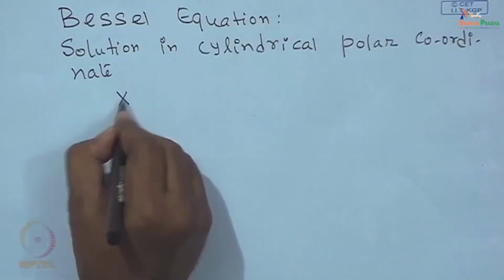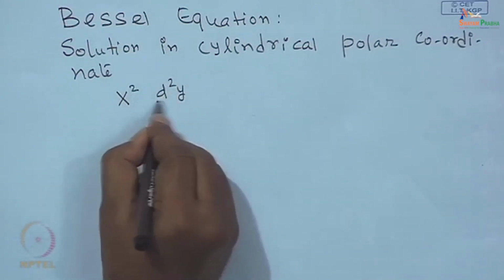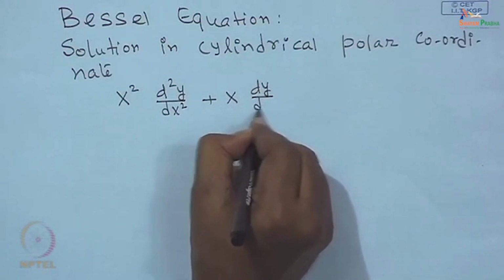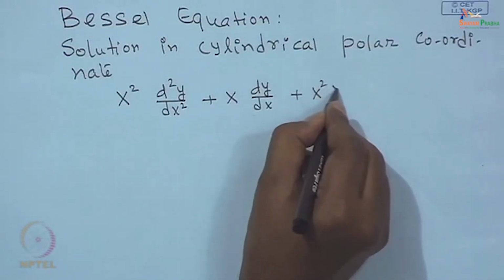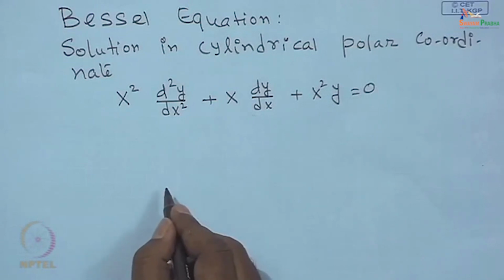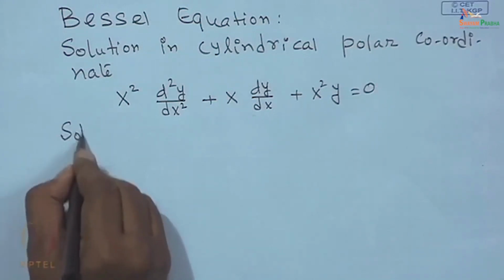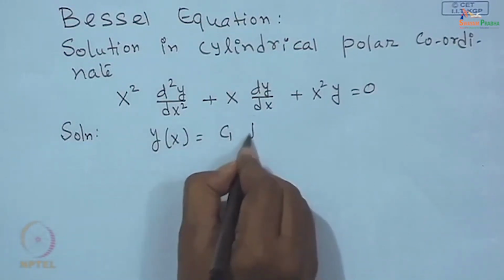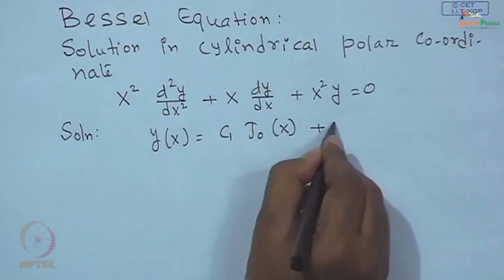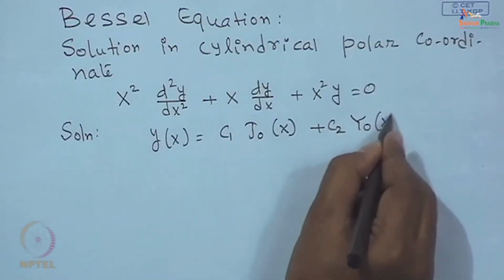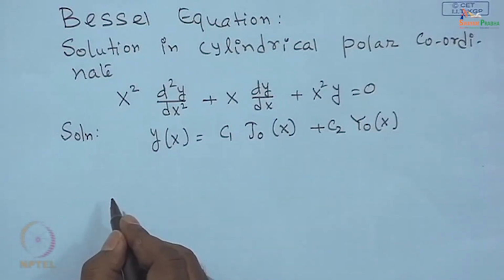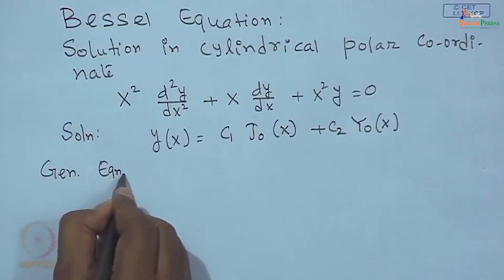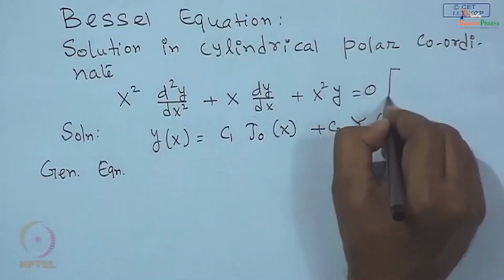The Bessel equation is in the form x square d square y by dx square plus x dy by dx plus x square y is equal to 0. The solution of this equation is in the form y of x is equal to C 1 J 0 x plus C 2 Y 0 x. This is known as the 0th order Bessel equation.